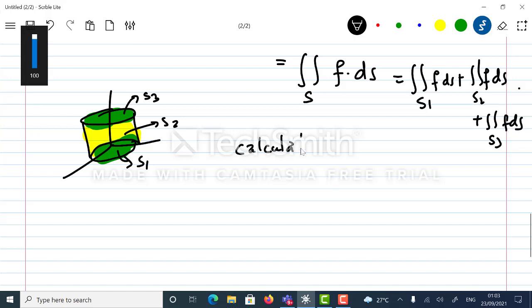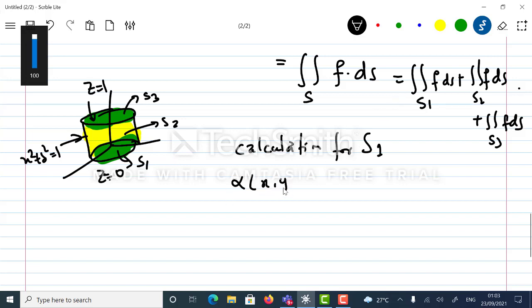So calculation for S1. So what will be the alpha? So the base is z equal to 0 basically here. Here z is equal to 1, and on this round part x square plus y square is equal to 1. So z is equal to 0.